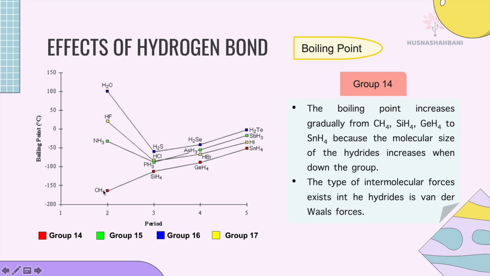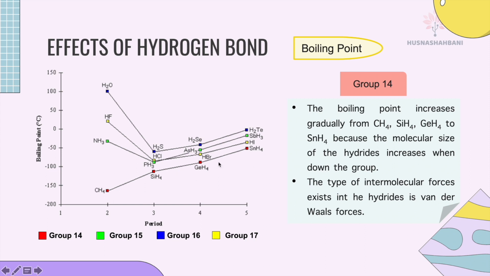There's no hydrogen bond because this C is not N, O or F. Hydrogen bond only exists when there is an electronegative N, O or F atom in the molecule. But C, Si, Ge, Sn are not N, O or F, so hydrogen bond cannot exist in these molecules. So the type of intermolecular forces between them is van der Waals forces.